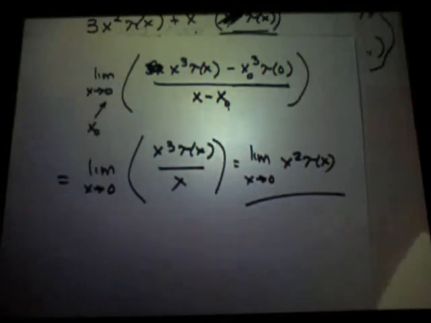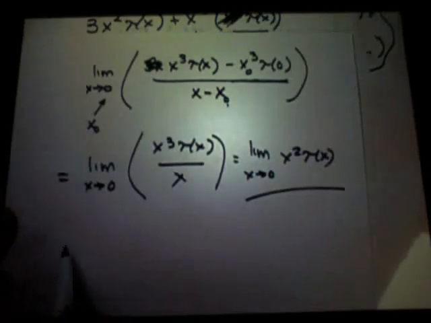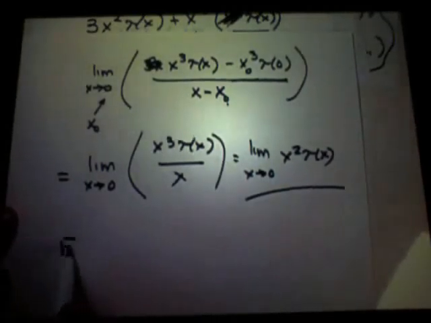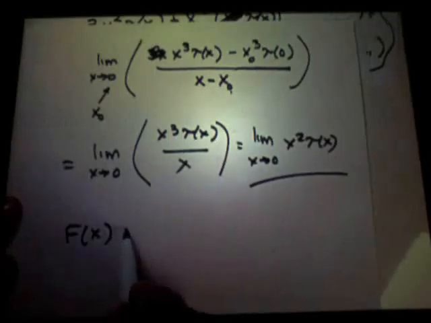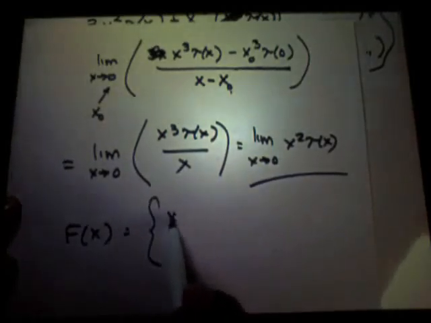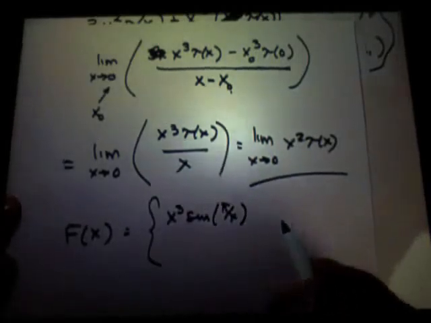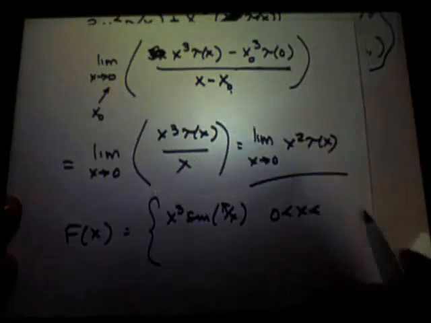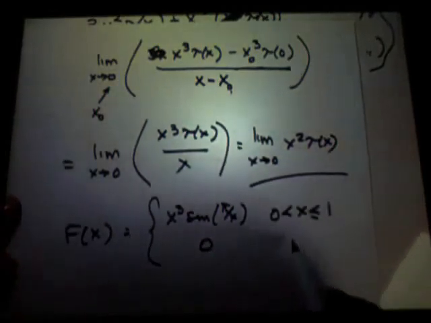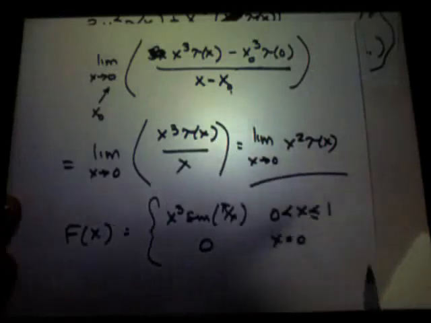So I think the derivative of the function that he is writing down there in exercise 2.3.2 is actually 0, at 0. And then when we're not at 0, he's calling it f of x, is this function: x cubed sine pi over x between 0 and 1, 0 not included, and 0 at x equals 0.